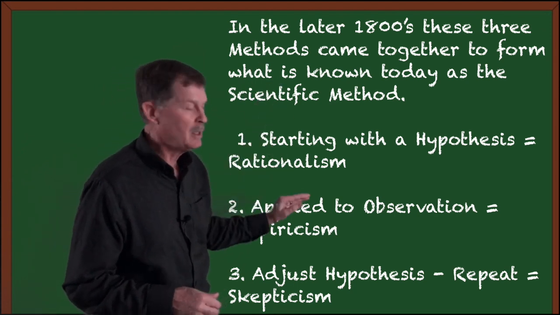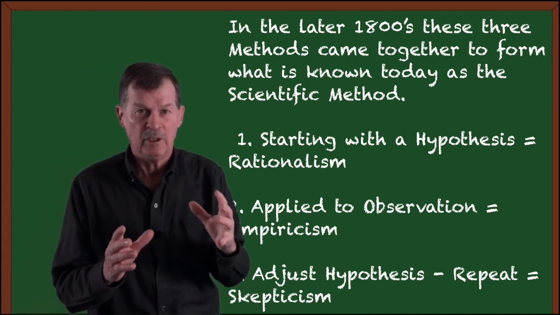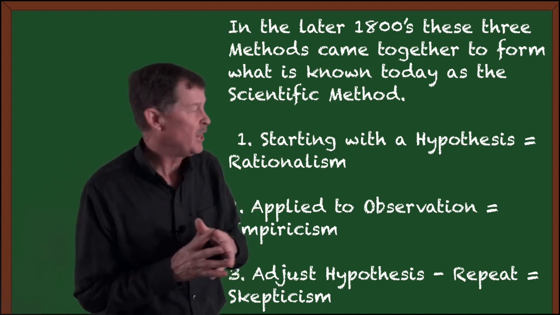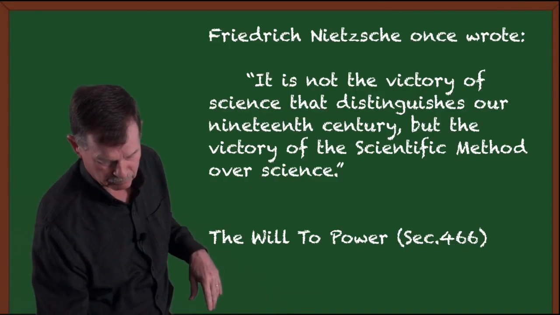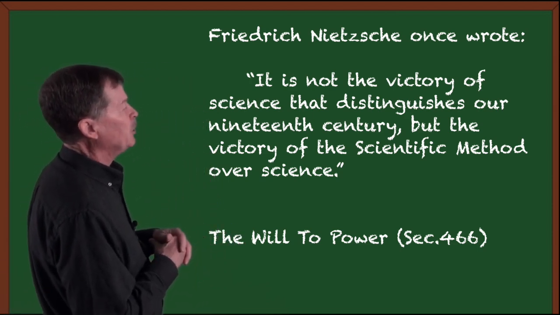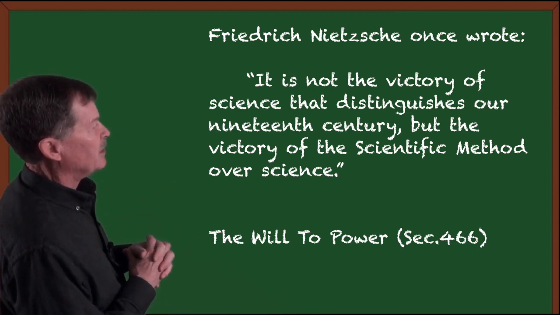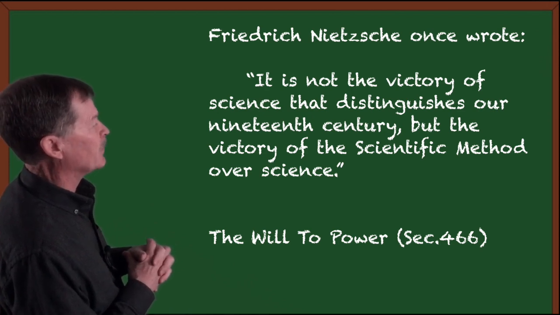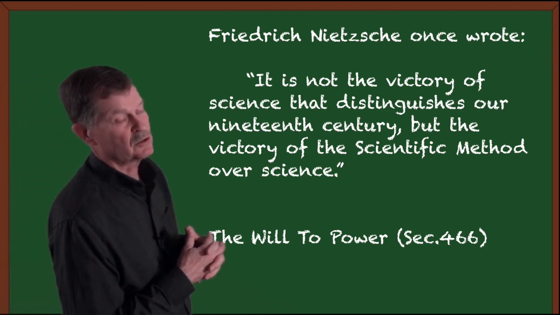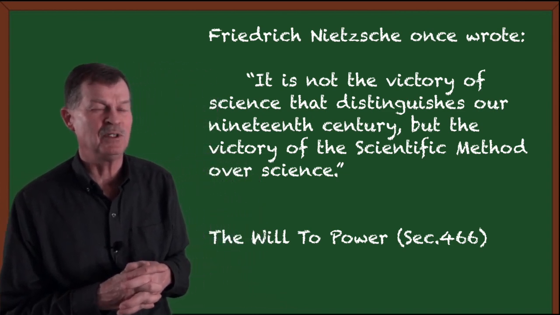So this three-step system is a filter to be able to generate what is thought to be reliable knowledge. So that is the scientific method. Friedrich Nietzsche once wrote, "It is not the victory of science that distinguishes our 19th century, but the victory of the scientific method over science." Kind of like, well, what does he mean by that? What's he getting at?